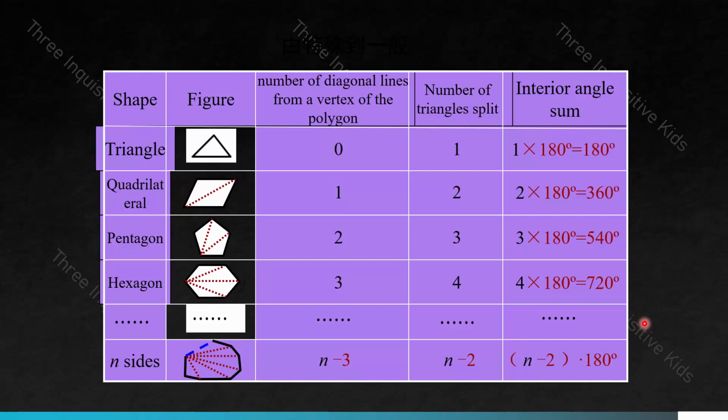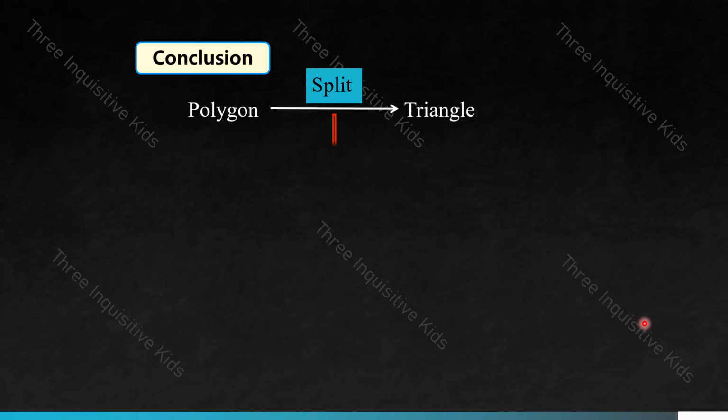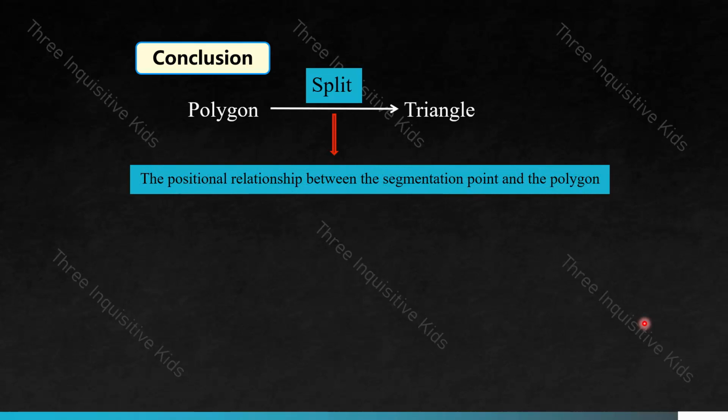Alright, moving on to our next slide. Here's a conclusion from this. We can start with a polygon, but using conversion and cutting it, we can cut it into multiple triangles. And as we split, we have to keep in mind the positional relationship between the segmentation point and the polygon.